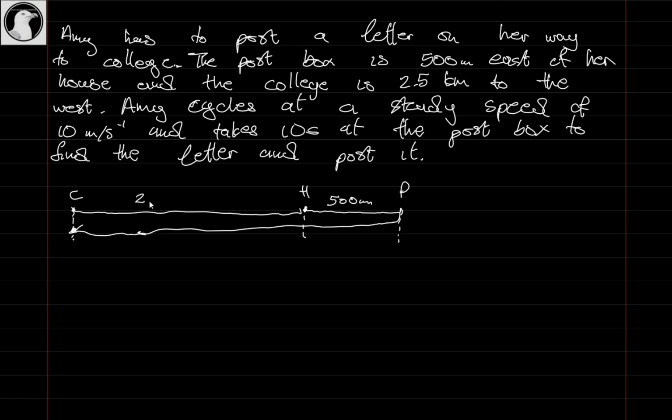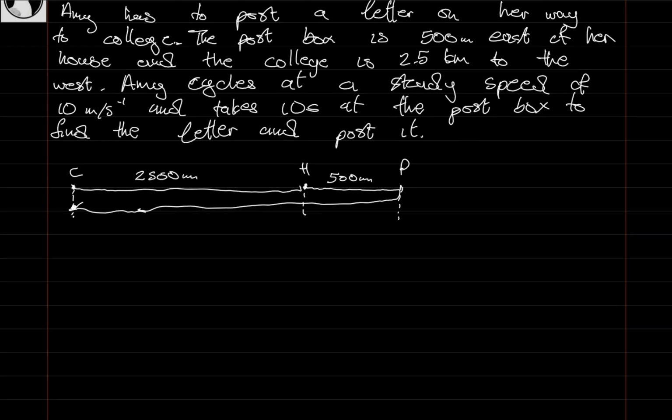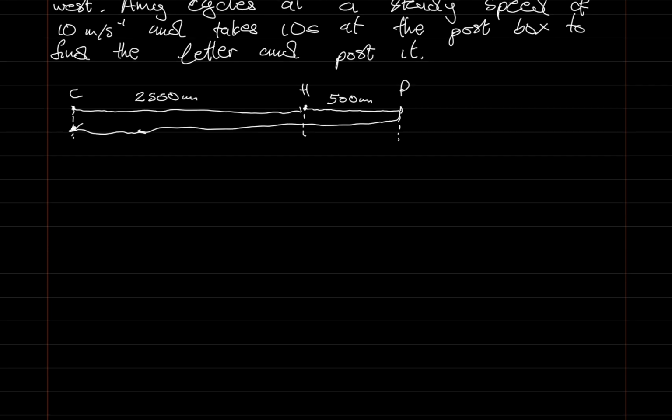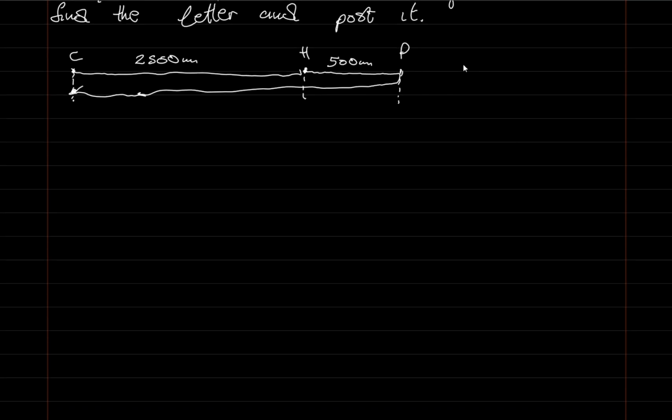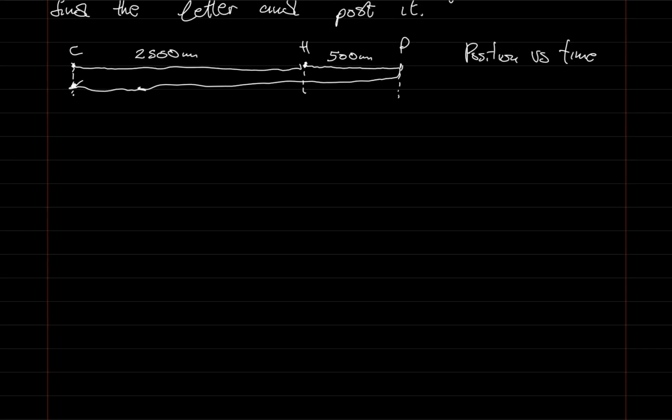To keep my units consistent, I'll say it's 2,500 meters. Okay, I think we got everything we want there. So they're asking us to draw a P versus T graph, which is a position versus time graph. Okay, so now how would we handle this?